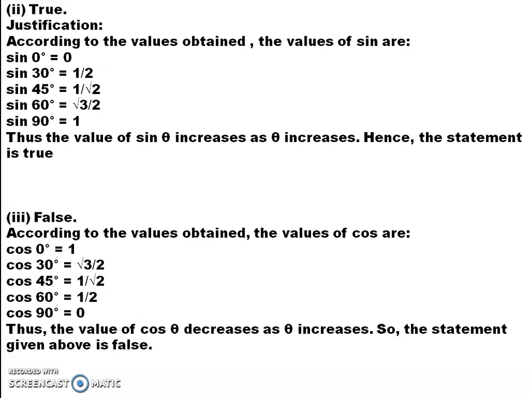So what is the inference? If the angle theta increases, cos theta decreases. If angle theta increases, sin theta also increases. So sin theta increases directly and cos theta decreases inversely. Clear?